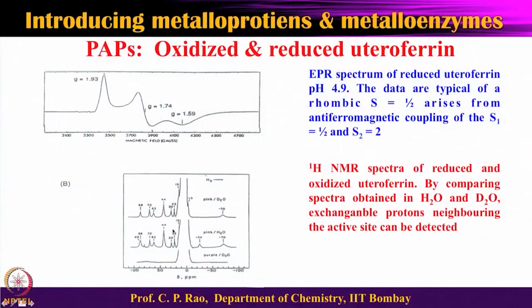All of these can be identified by the EPR, and the proton NMR we have already looked at in the earlier case. In the proton NMR, you can have contact shifts, you can have a broadening of these, all these we have looked at. And from the water to D2O, some of the protons will be exchangeable, and those protons can be identified. So, therefore, their connectivity with this.